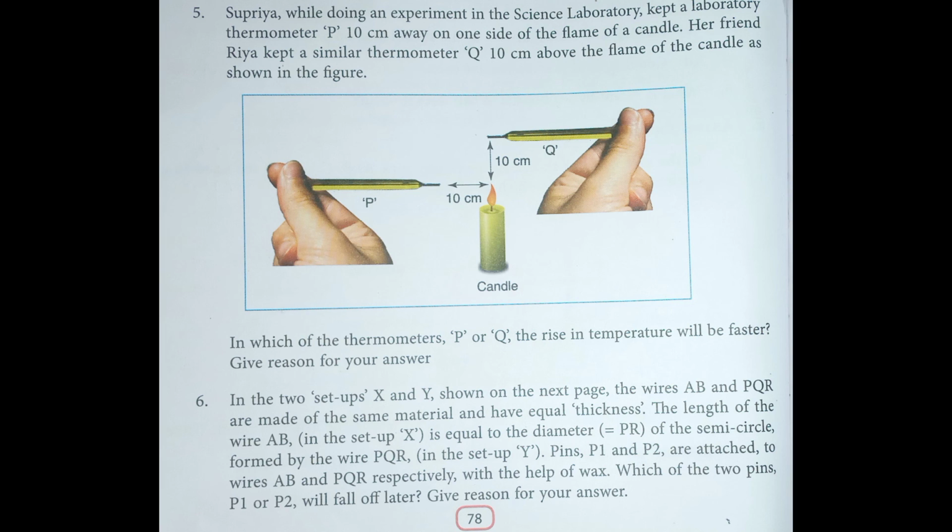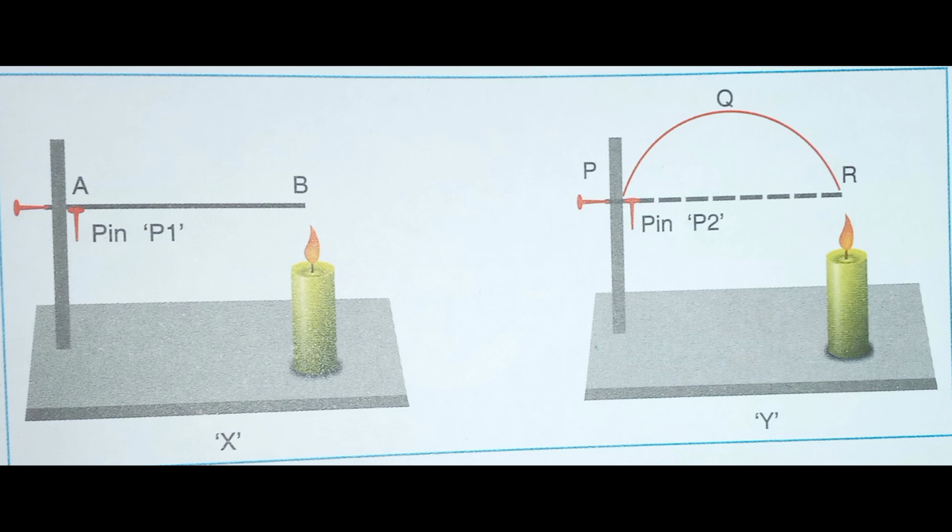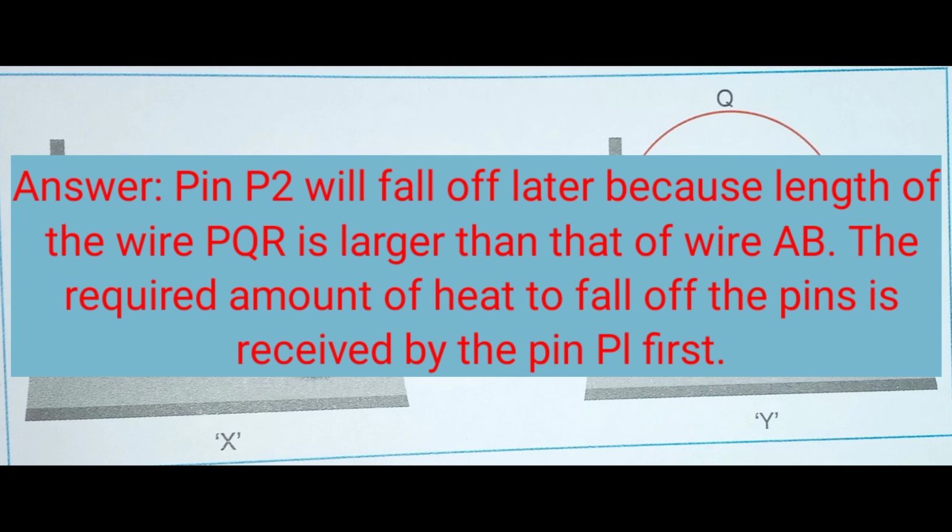The length of the wire AB in the setup X is equal to the diameter PR of the semicircle formed by the wire PQR in the setup Y. Pins P1 and P2 are attached to wire AB and PQR respectively with the help of wax. Which of the two pins, P1 or P2, will fall off later? Give reason for your answer.